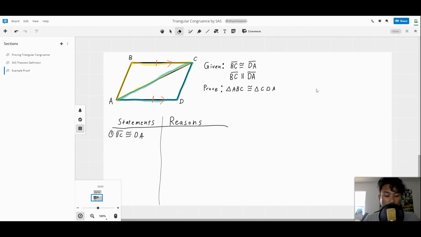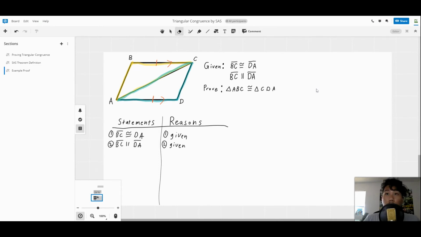And for the reason, it's given. And we have our second given statement. Side BC is parallel to DA. And again, just like number one, the second reason is that it is given.